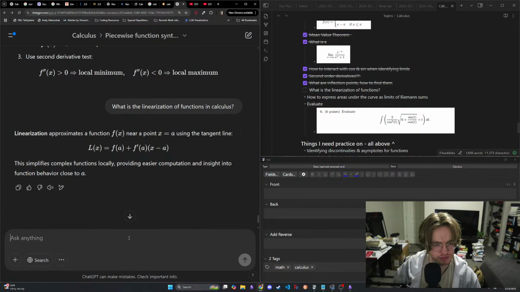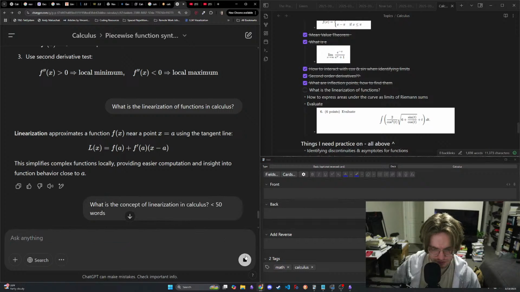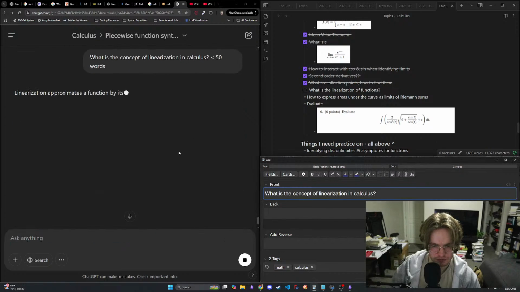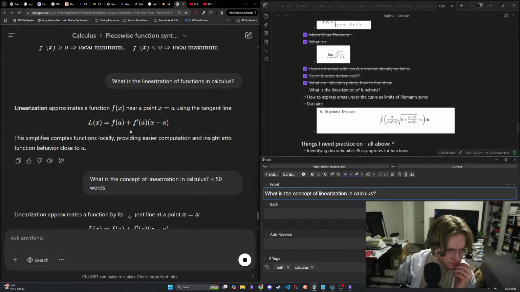Let's see. Linearization approximates a function f of x near a point x equals a using the tangent line.